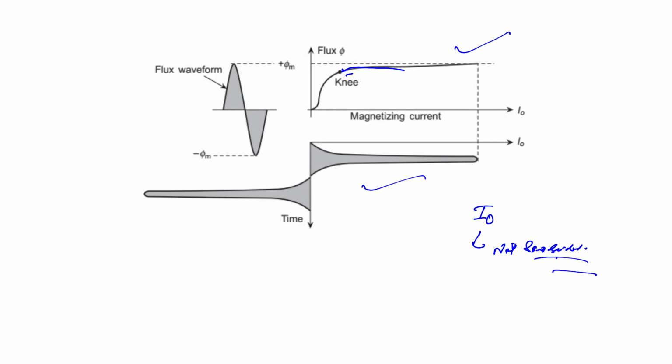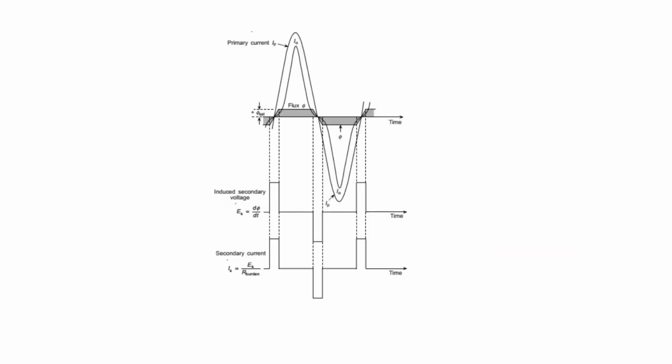Now what happens, as the primary current goes on increasing, a stage will come when the magnetizing current requirement is so large, as you have seen from this diagram, that almost all the transformed current, that is this primary current, is taken by the CT for the sole purpose of magnetization, with the result that there is hardly any current available for the burden, because the whole of that current is used for the magnetization.